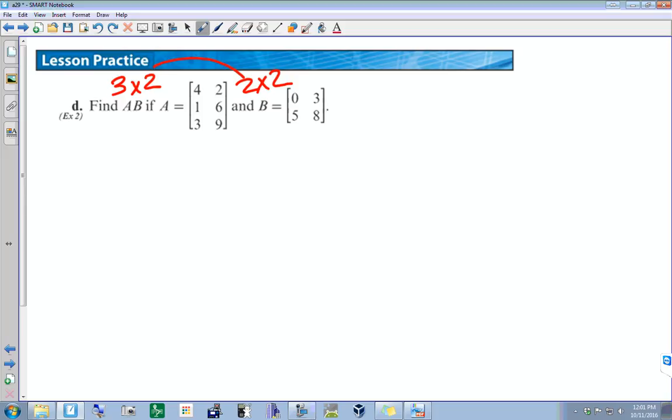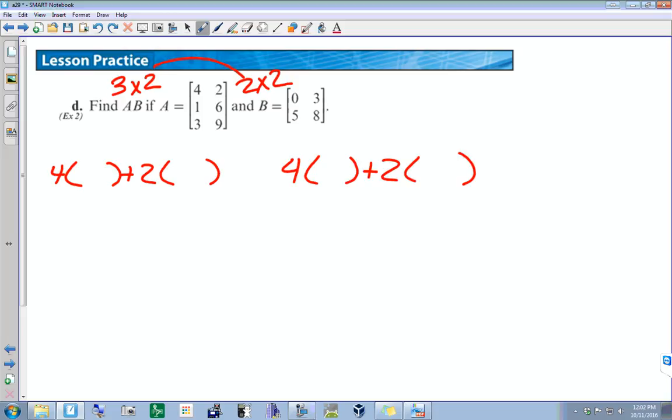So now I need to go and have going across 4 times plus 2 times, correct? Now I only need 2 of those, so I'll need a copy and paste. Okay.